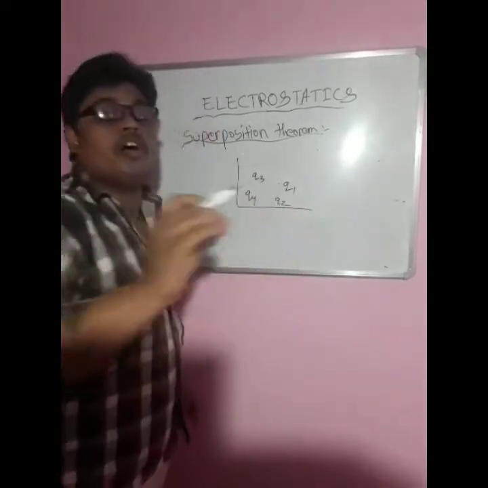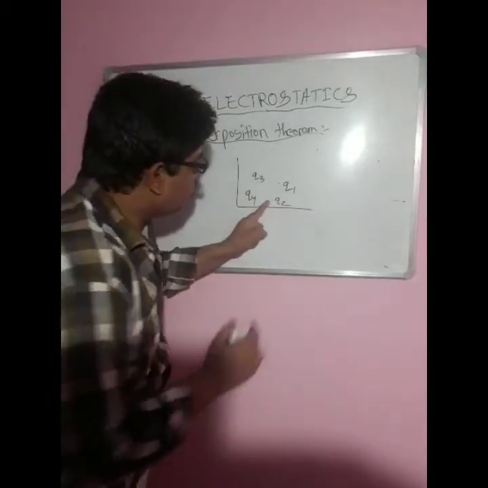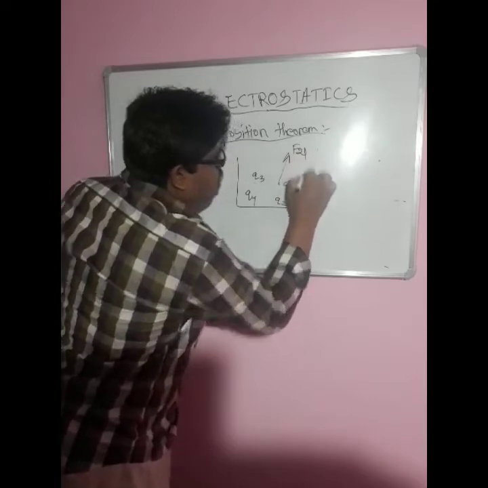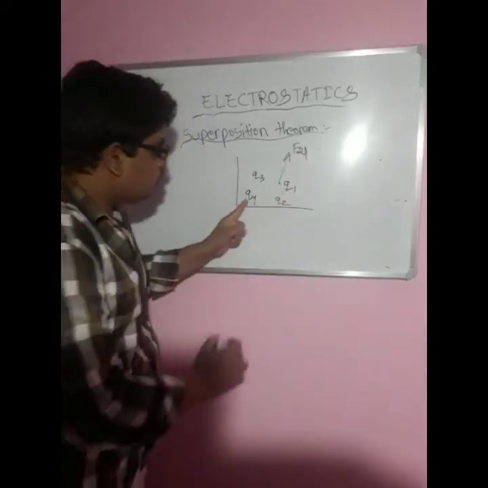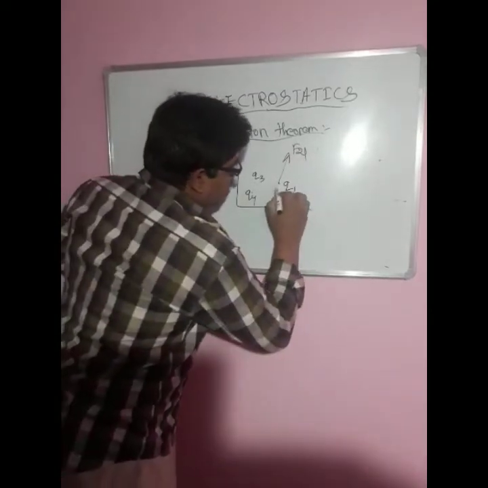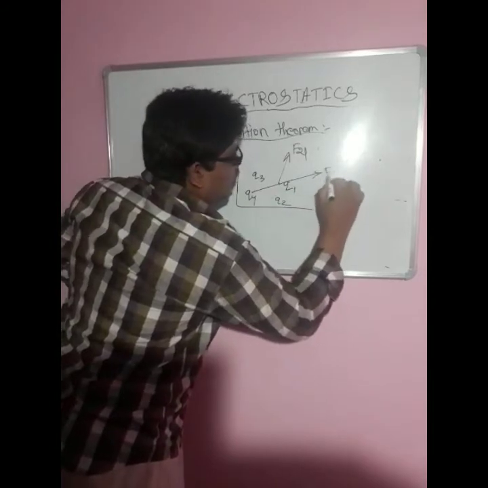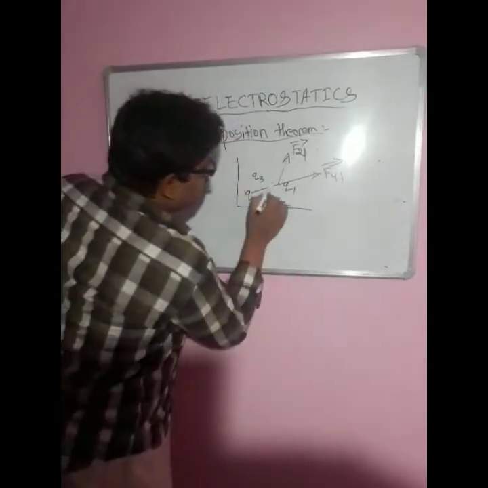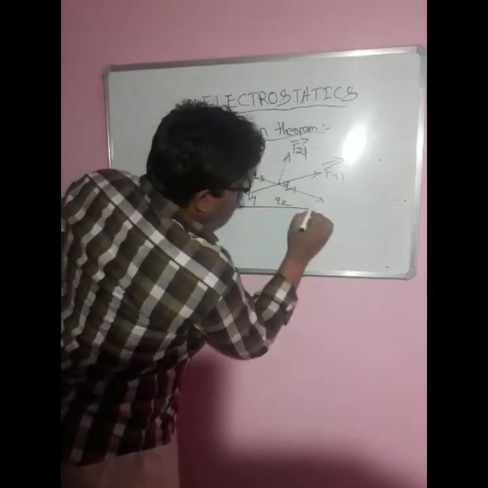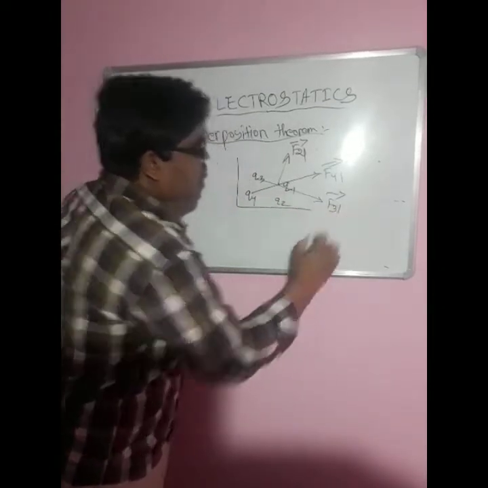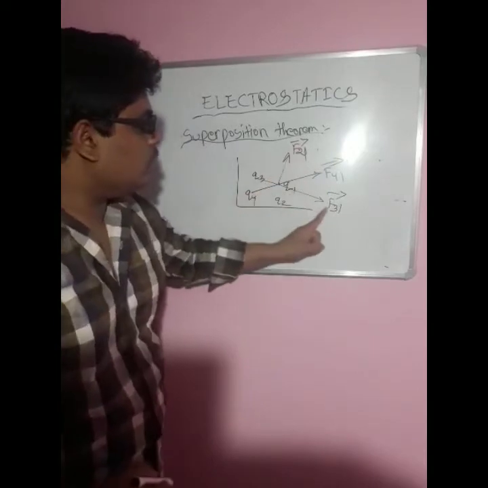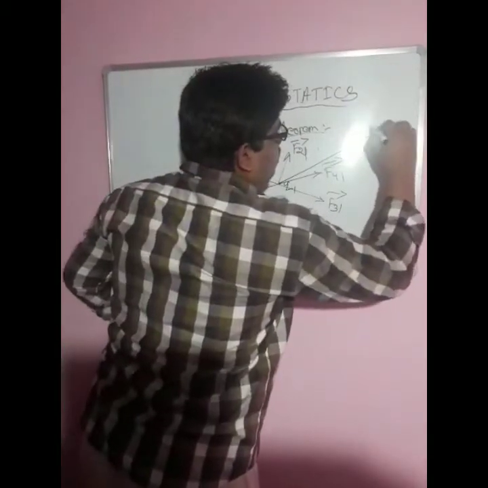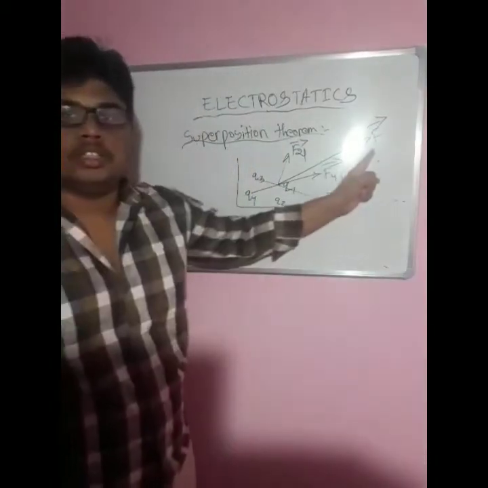Here, if all are positive charges, due to Q2 there is some force experienced, that is F21, plus due to Q4 in this way the force is F41. Force is a vector quantity. Due to Q3 there is a force F31. The net resultant force is F vector.